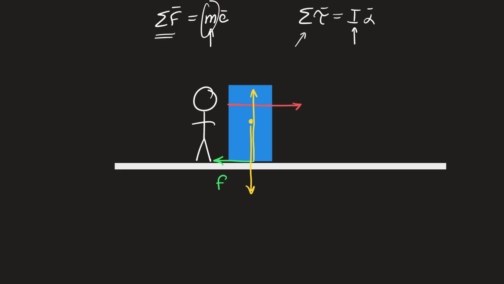If you look carefully at this, I think the friction and the pushing force could cause the box to rotate because they're being applied in a location that is clearly away from a possible axis of rotation. So when we talk about how forces are applied and their effectiveness, we now have to take into account where those forces are applied.